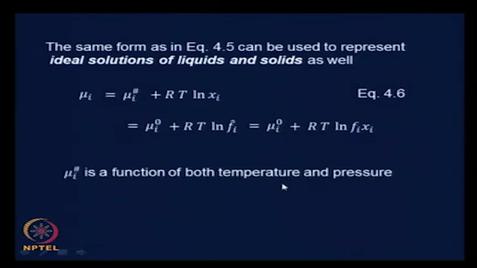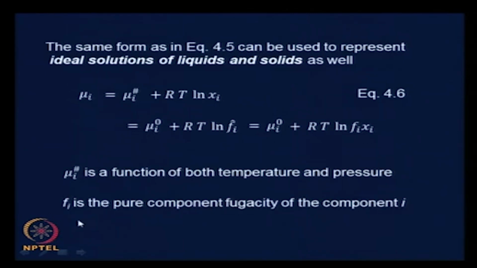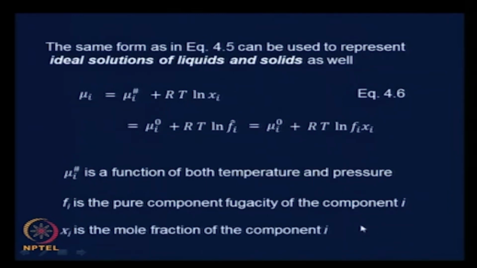mu I hash, I am sorry, we know is a function of both the temperature and the pressure, and fi is the pure component fugacity of the component I, this is known. xi is the mole fraction of the component I. Note this form, mu I equals mu I hash plus RT ln xi.